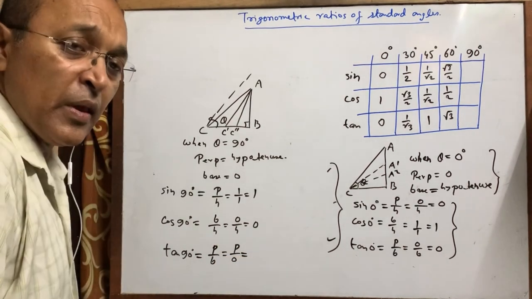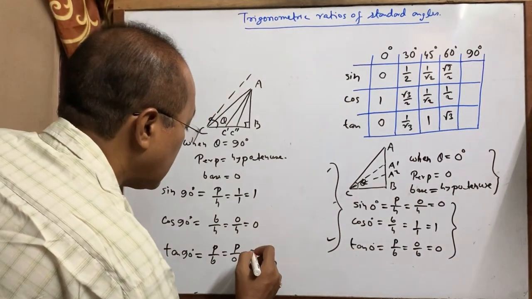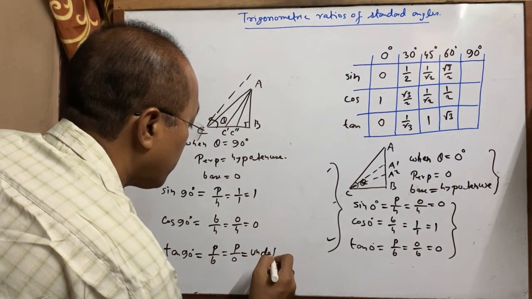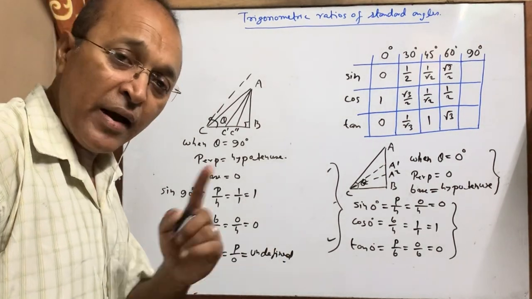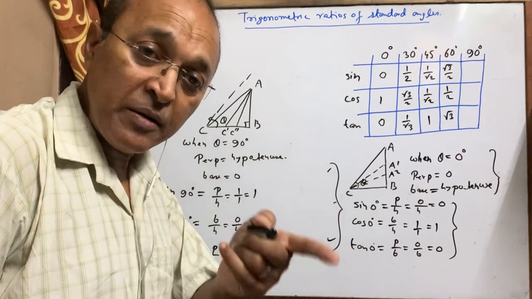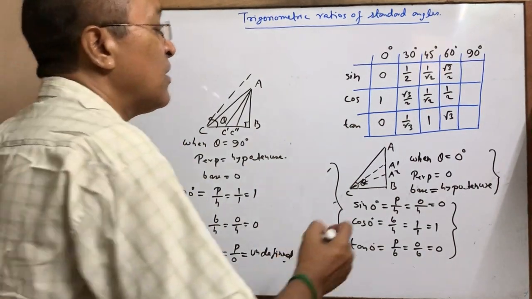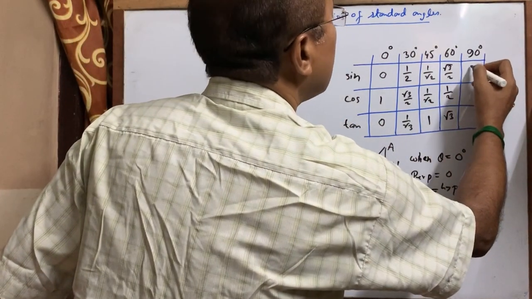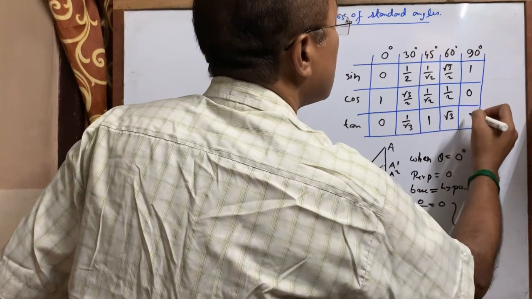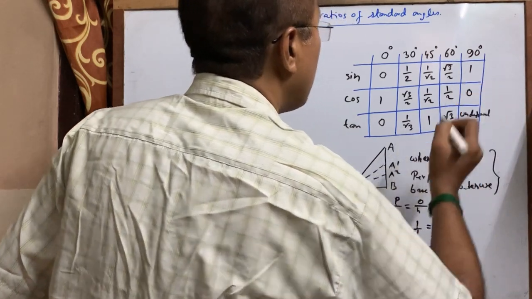All of you know that something divided by 0 is undefined, isn't it? 0 by anything is 0, but anything by 0 is undefined. Please remember this one. So the values become sine 90 is 1, cos 90 is 0, and tan 90 is undefined.